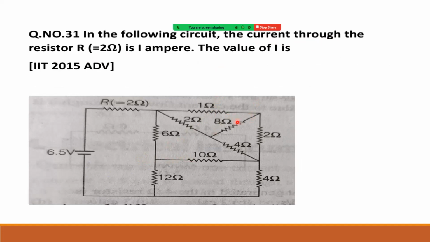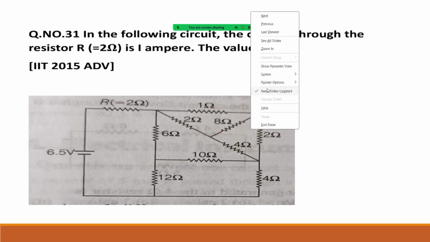Here I can say directly, if you observe carefully in this part, 1 and this is 2. 2 and 4. So 2 by 4, 1 by 2, 1 by 2. It is 1 by 2. That means this is a balanced Wheatstone's bridge, right? So we can remove 8 ohm.